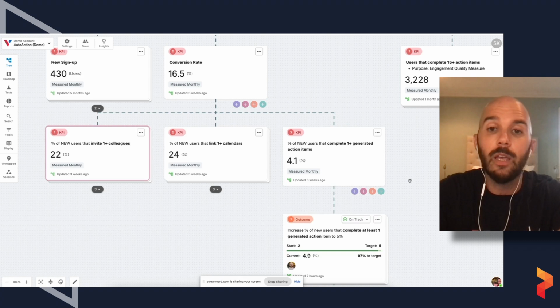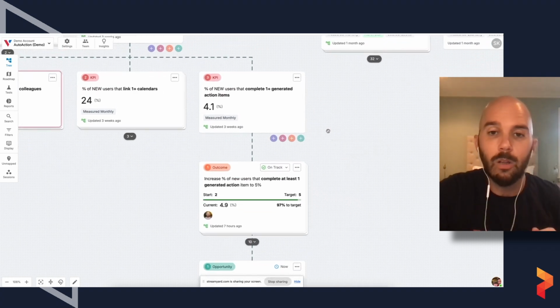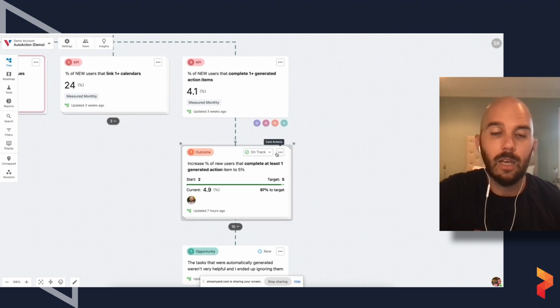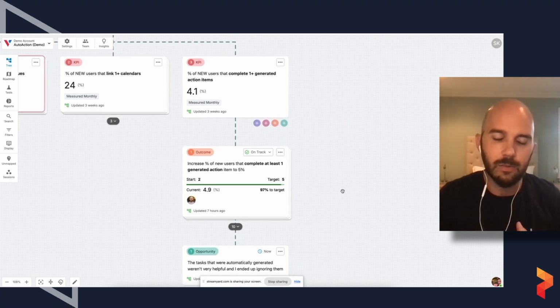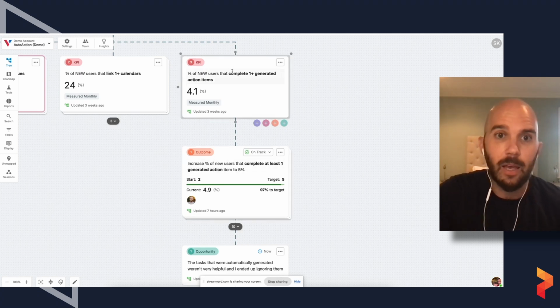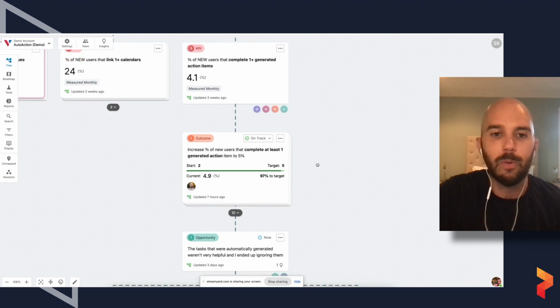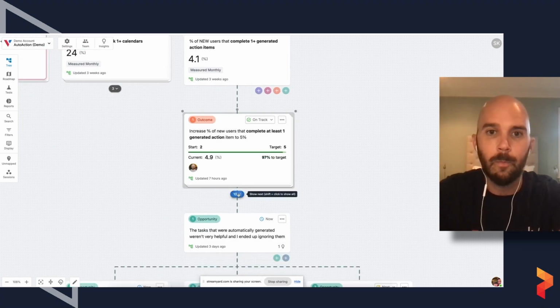So we want to create an outcome around this, which is basically a goal. I don't know if you've read Jeff Gothelf's book around who does what by how much, but I think it's one of the best ways to structure your goals. So you have this KPI and we have this outcome, which is our goal for increasing this KPI by a certain amount over a certain amount of time.